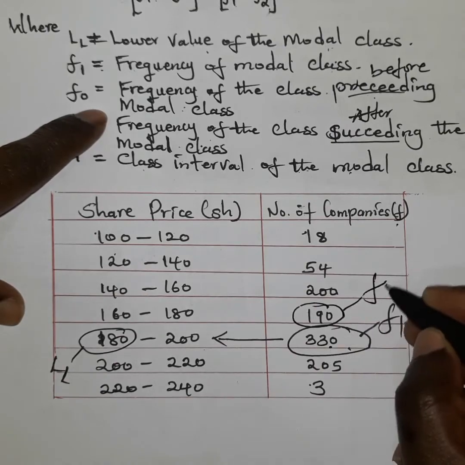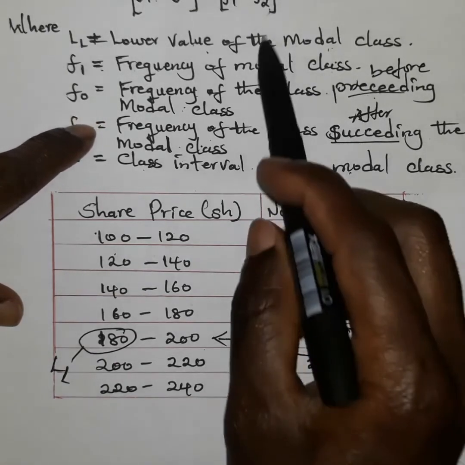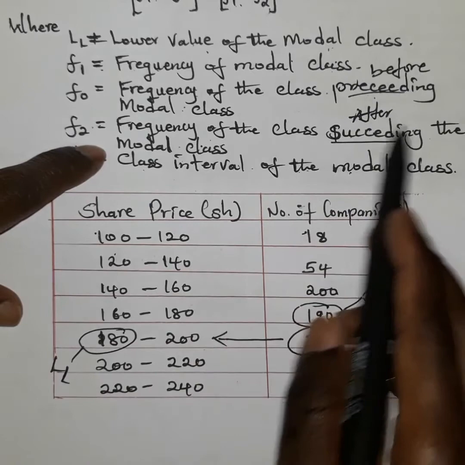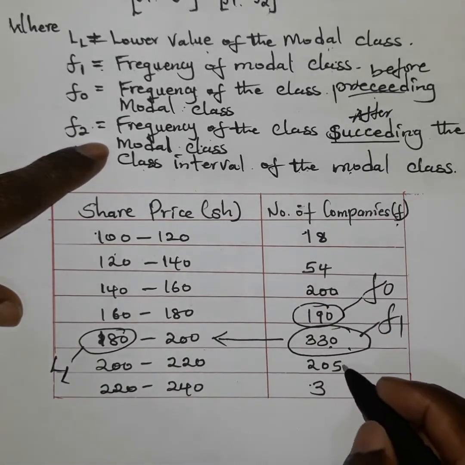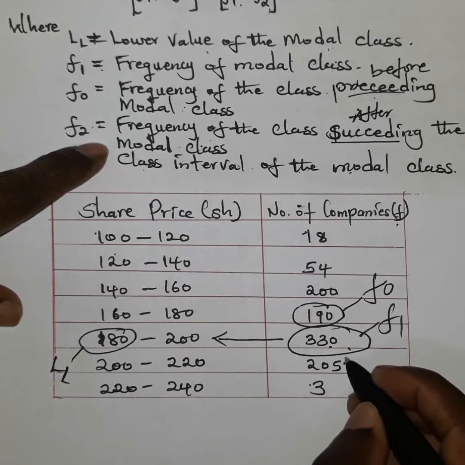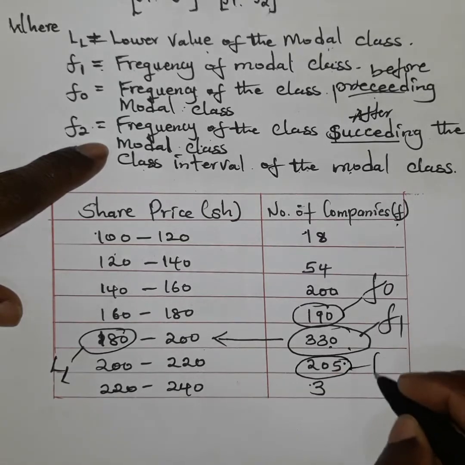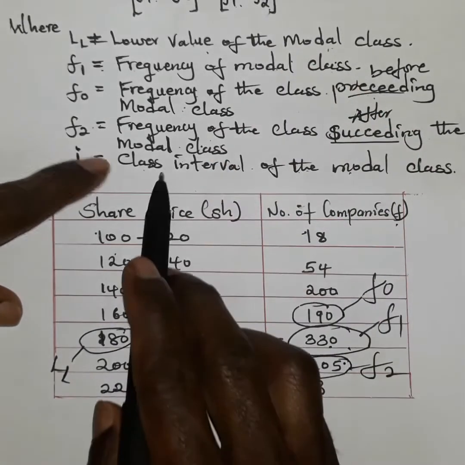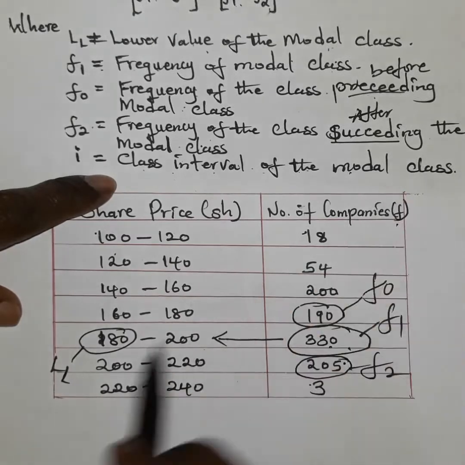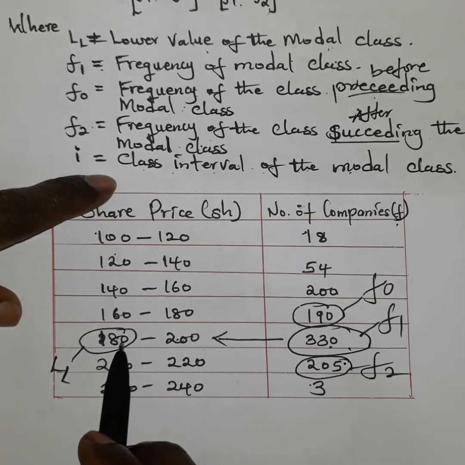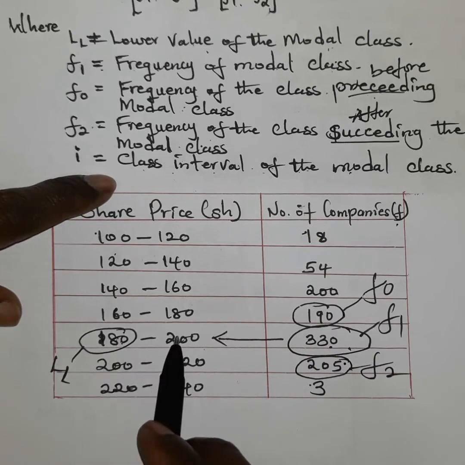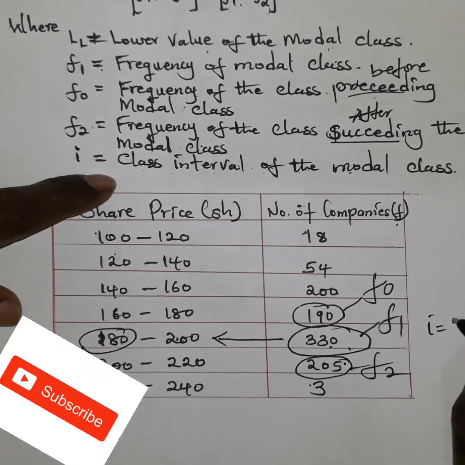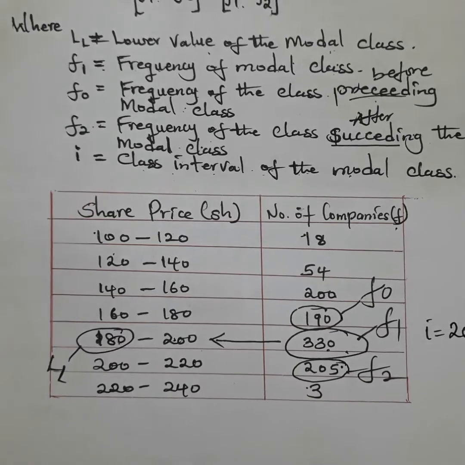F2 should be the frequency of the class succeeding the modal class, which comes after the modal class, which is 205. Then finally we have I, the class interval of the modal class. Our modal class is this one, and the interval is the difference between 180 and 200, so I is 20.